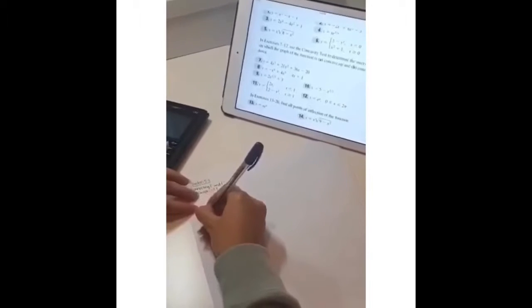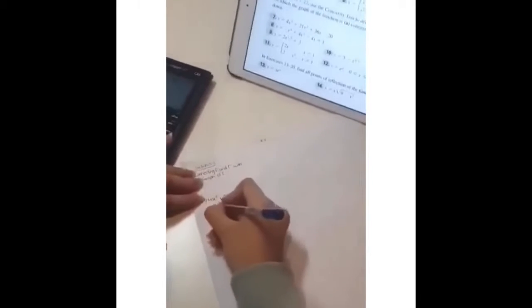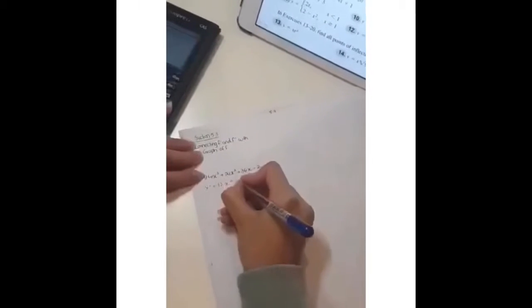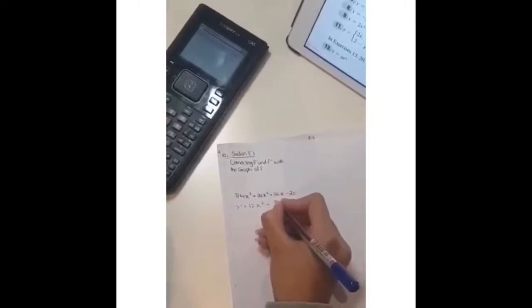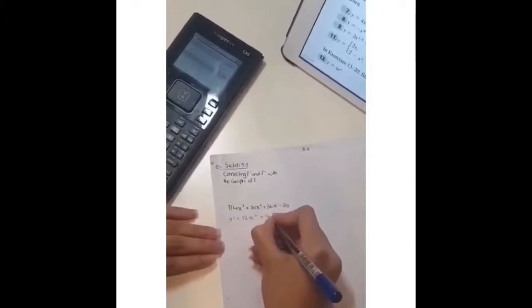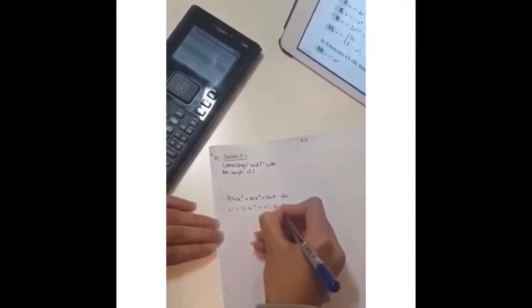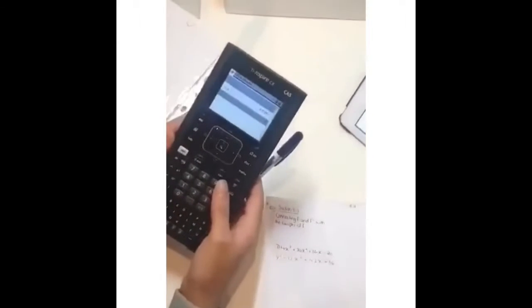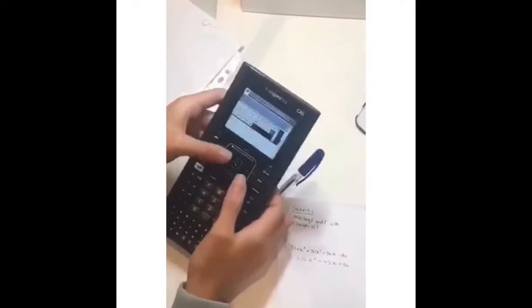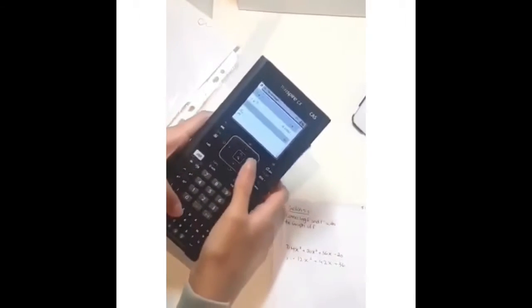Y prime is 12x squared plus 21 times 2 is 42x plus 36. In order to check the y prime in the calculator, all you have to do is click here and then choose the derivative of x.